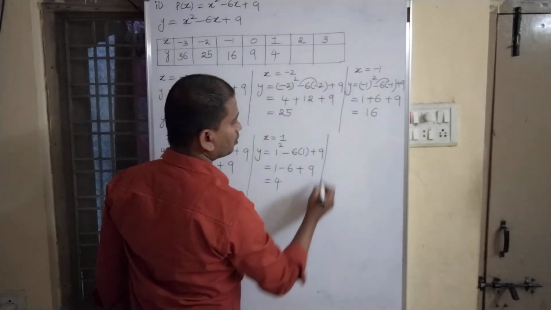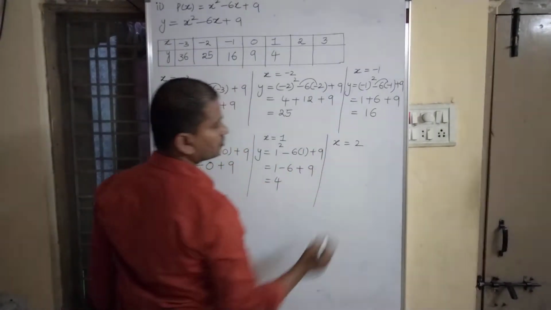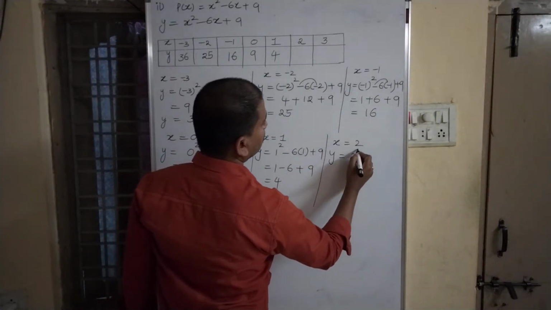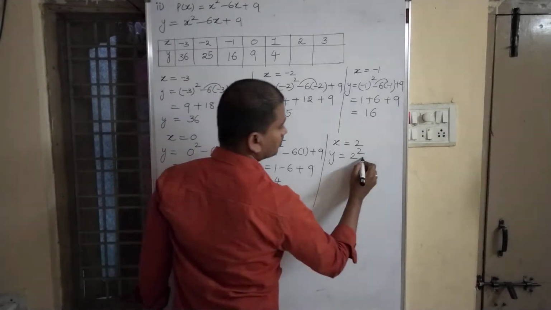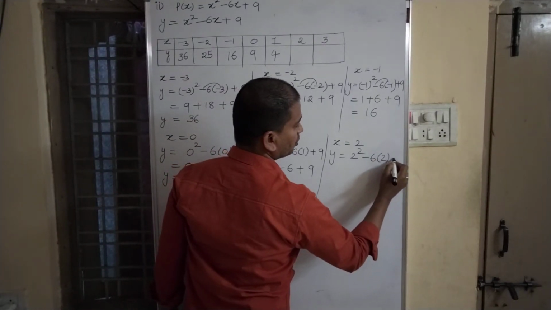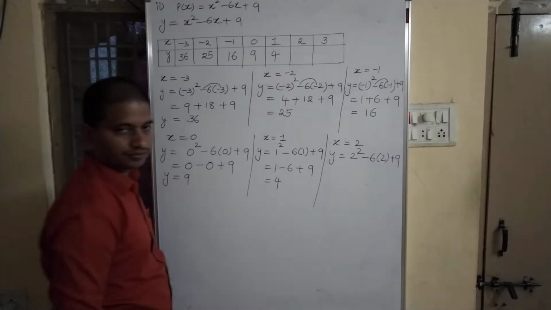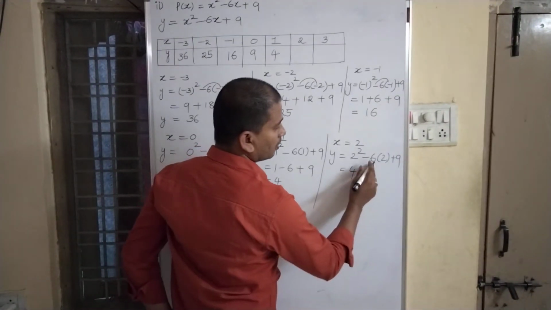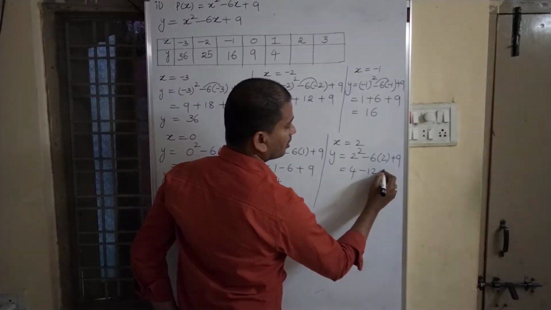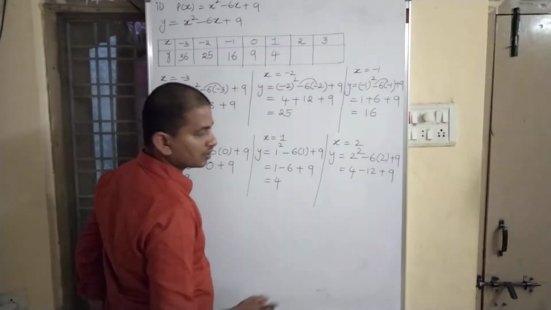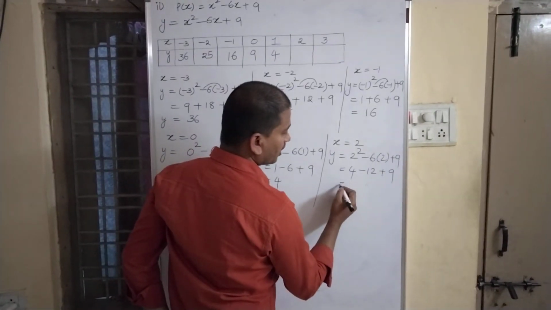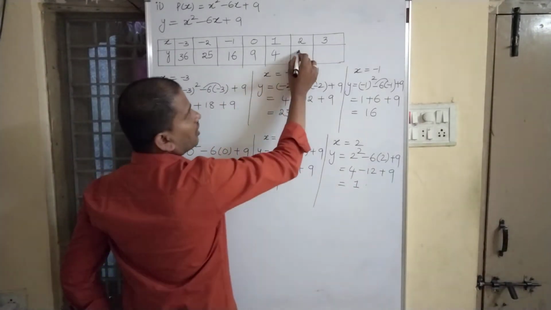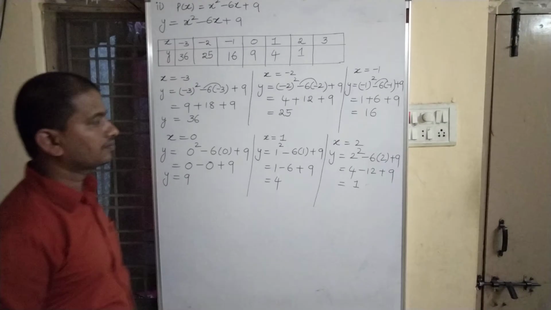Next, when x equal to 2, let us find the value of y. y equal to 2 square minus 6 into 2 plus 9. 2 square, that is equal to 4. Minus 6 2s are 12, plus 9. 4 plus 9, 13. 13 minus 12, 1. So the value of y is equal to 1.